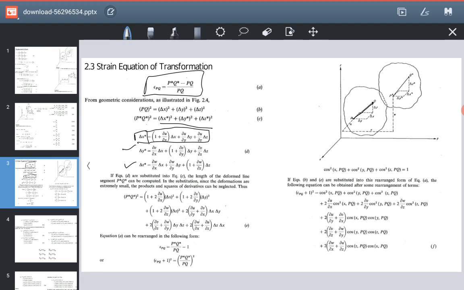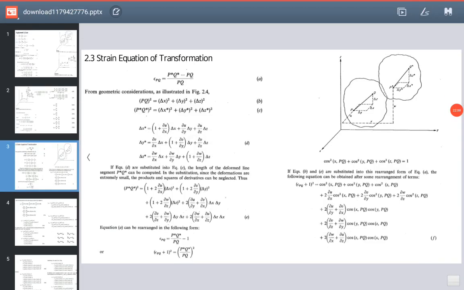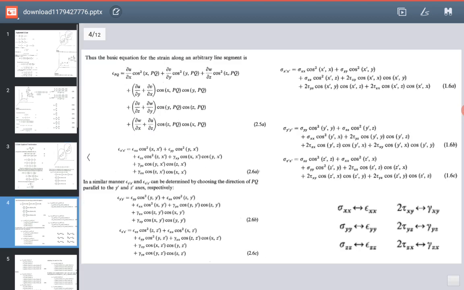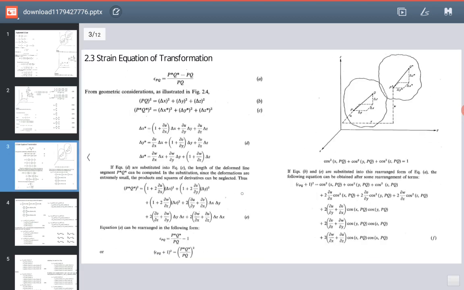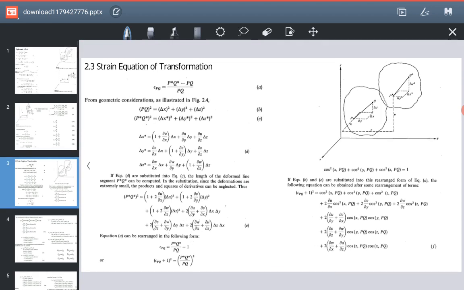Now putting all of this right here, so by putting all of this here and, क्या कहते हैं, sorry. All right, so after getting this expression, we simply rearrange this equation to get this one in this form, and then we finally put the value of P star Q star upon PQ.